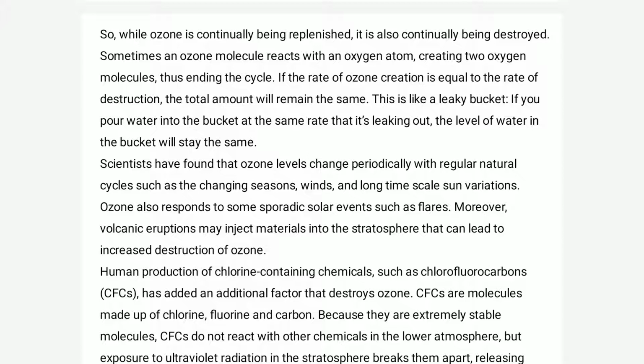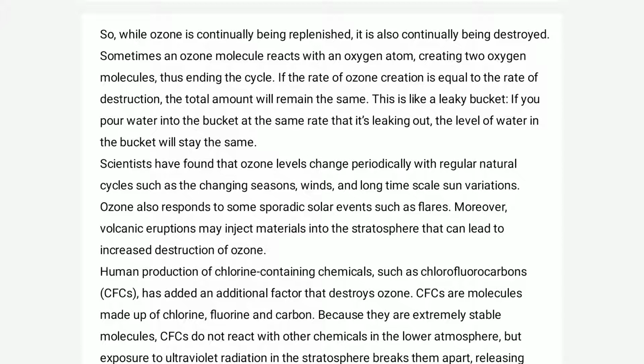If the rate of ozone creation is equal to the rate of destruction, the total amount will remain the same. This is called a leaky bucket. If you pour water into the bucket at the same rate that it is leaking out, the level of water in the bucket will stay the same.